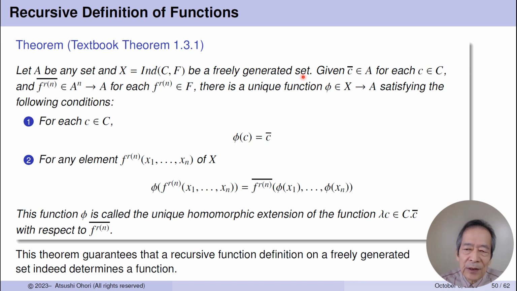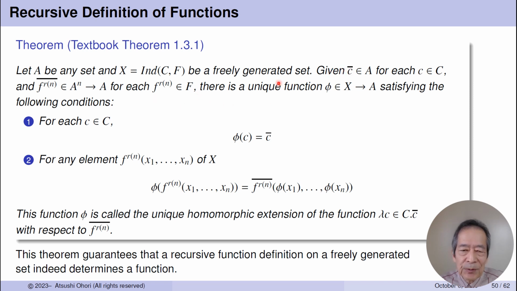Now we assume that for each c, there is a given c-overline in set A, and for each function f there is an overlying function on A to the n to A. You can understand these overlying objects as interpretation of corresponding syntactic objects.